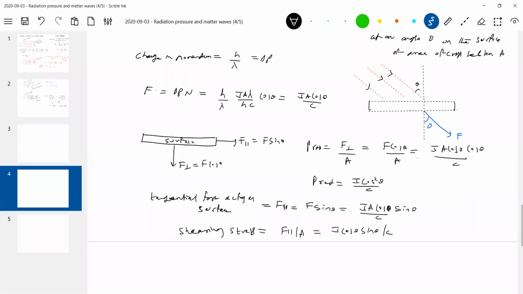So the radiation pressure, if the radiation is incident at an angle theta with the vertical, is measured. When the incident beam is completely absorbed, this is the formula you have to remember. Radiation completely absorbed.